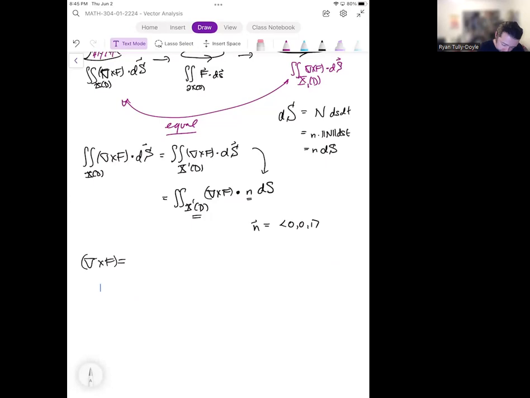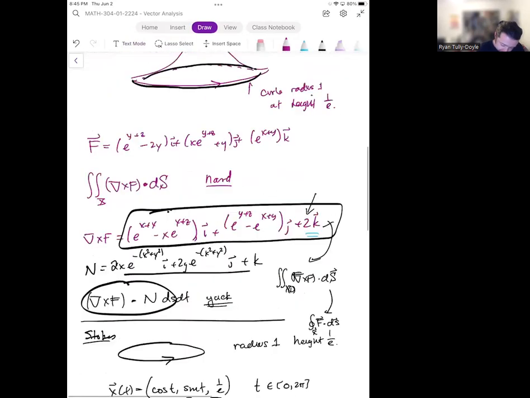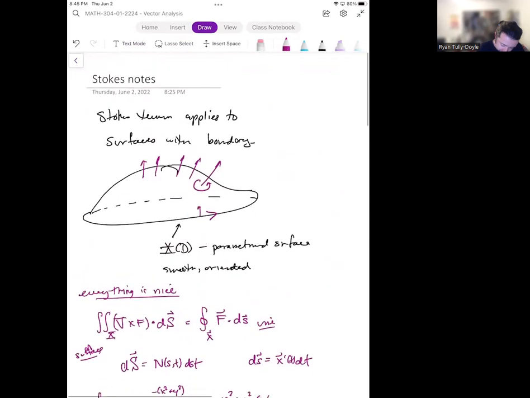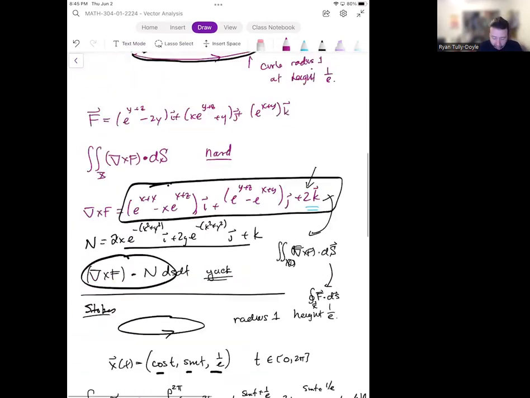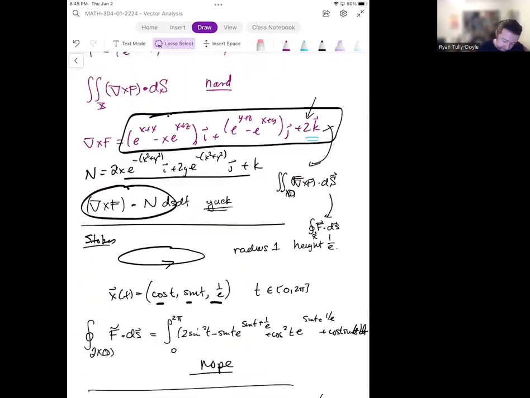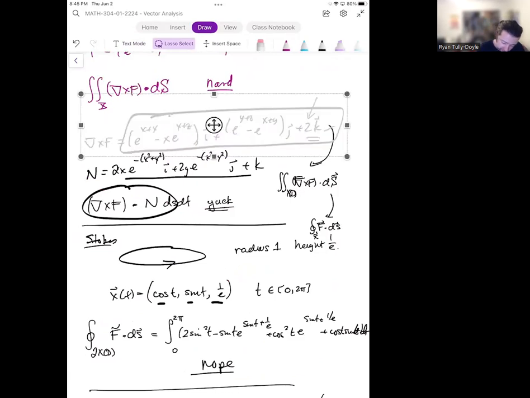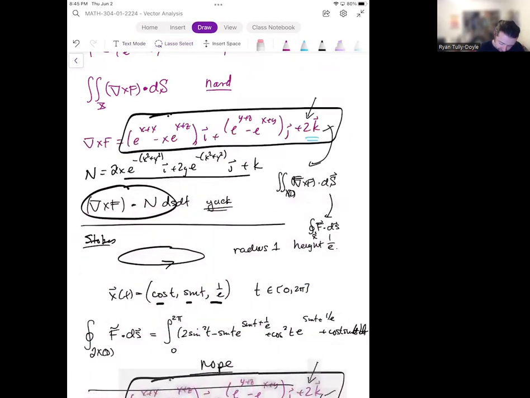No. Maybe I can do it like this. Nope. Well, trying some strong technical skills here. And I don't want to do it again. That's right. Touch it, copy it. There we go.